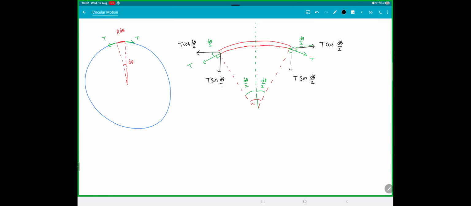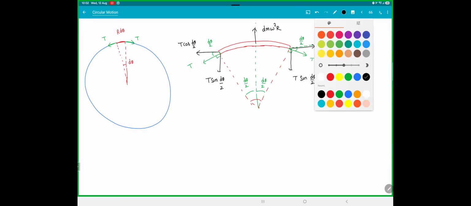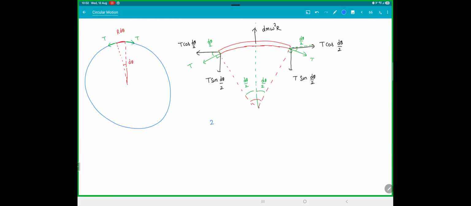T sin d theta by 2. The centrifugal force will be away from the center, dm omega square r. Please have a look at this free body diagram. These are all the forces. You can clearly see the cos components will cancel out. The two sine components of the tension are balancing the dm omega square r.